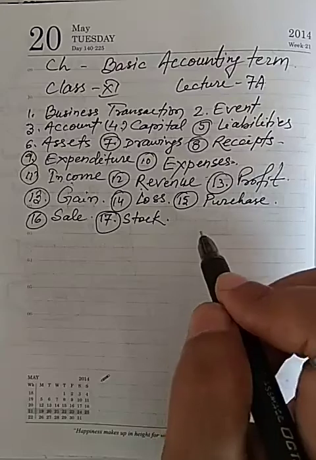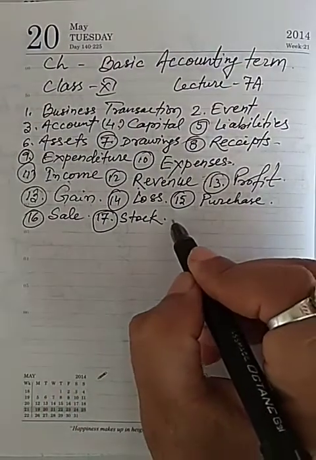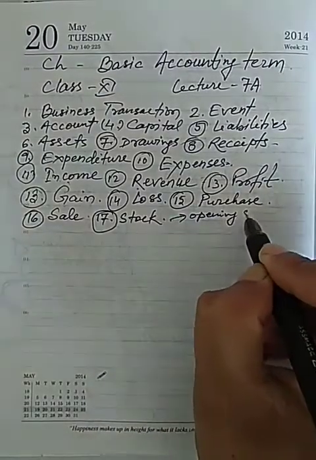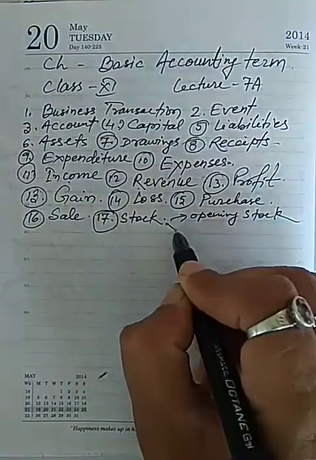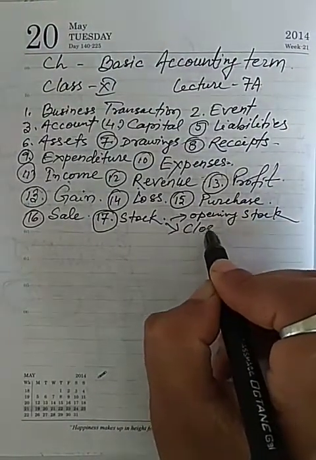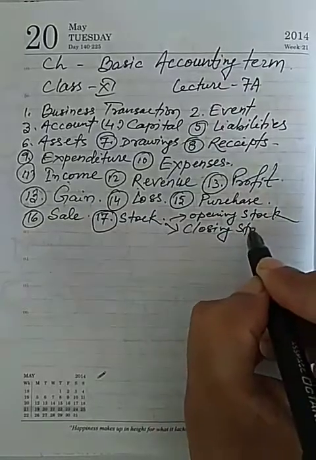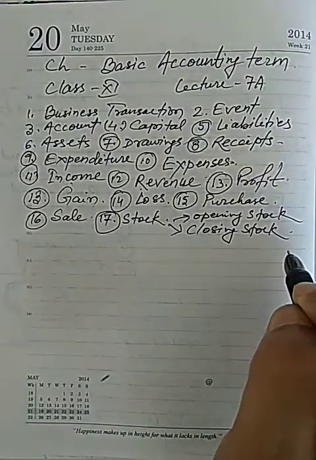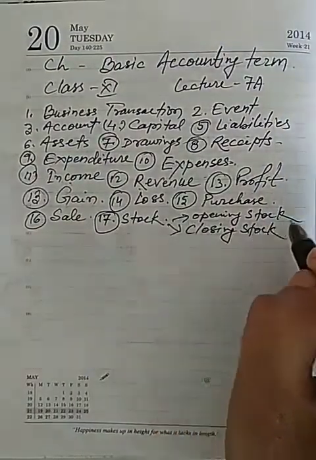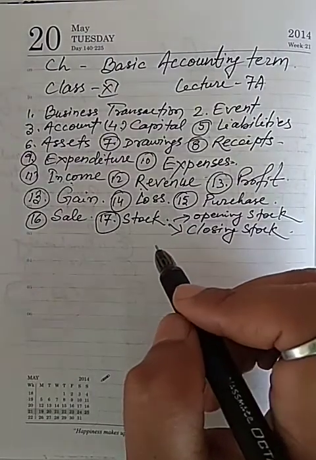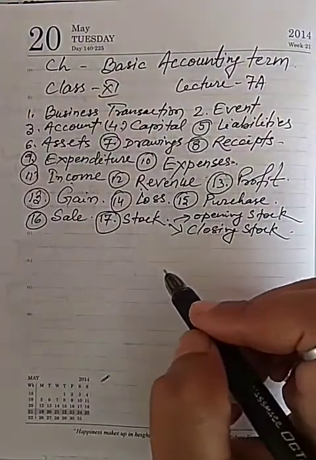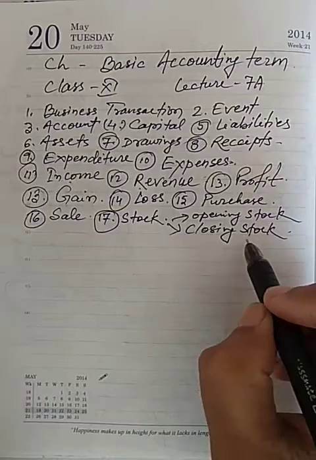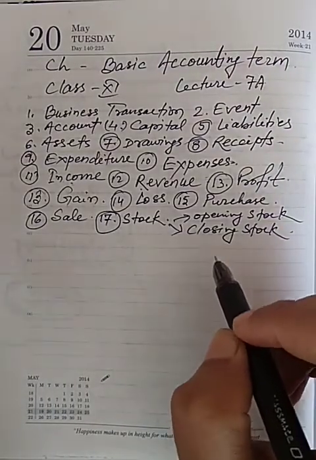The stock may be of two types: one, opening stock, and second, closing stock. The term opening stock means the value of goods lying unsold at the beginning of each year, whereas the term closing stock means the value of goods lying unsold at the end of the accounting period.